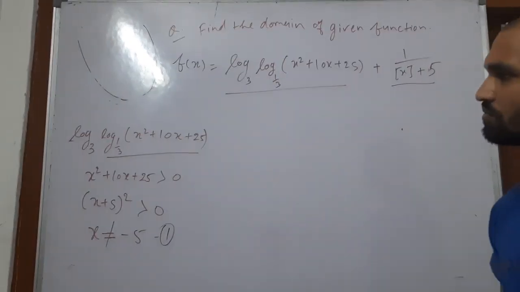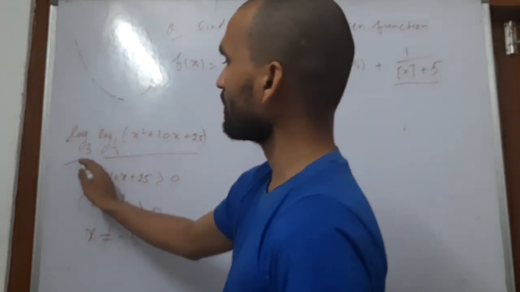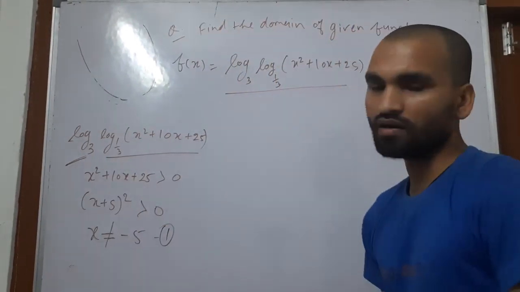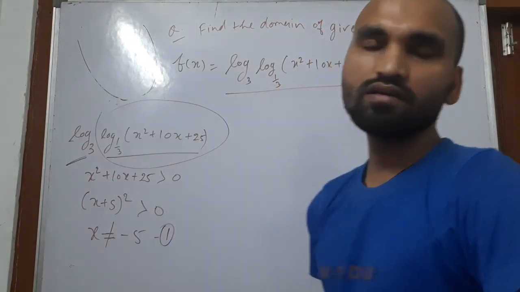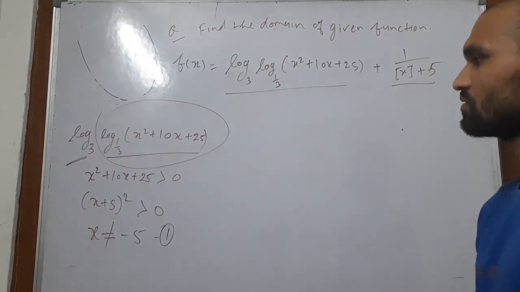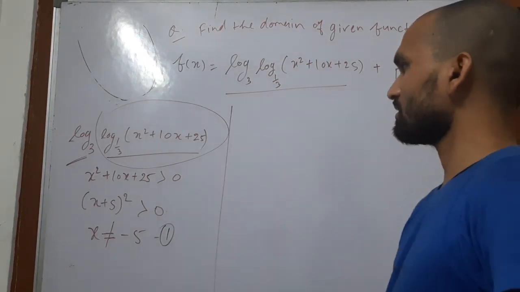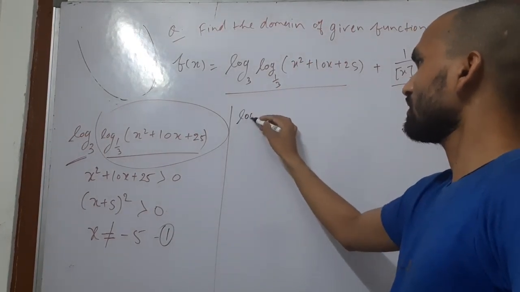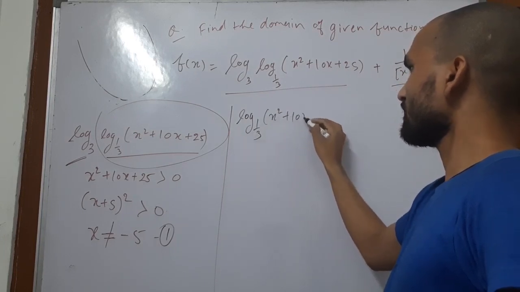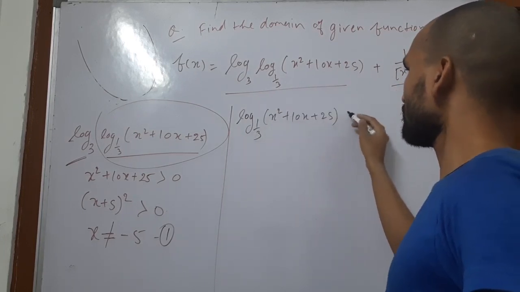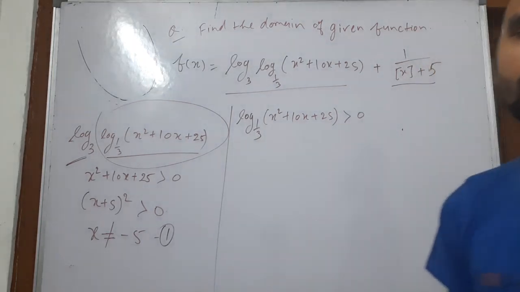Now we should move on to the other log. This logarithm is defined when this log value is greater than 0. So in the other condition, log 1/3 of x square plus 10x plus 25 should be greater than 0.